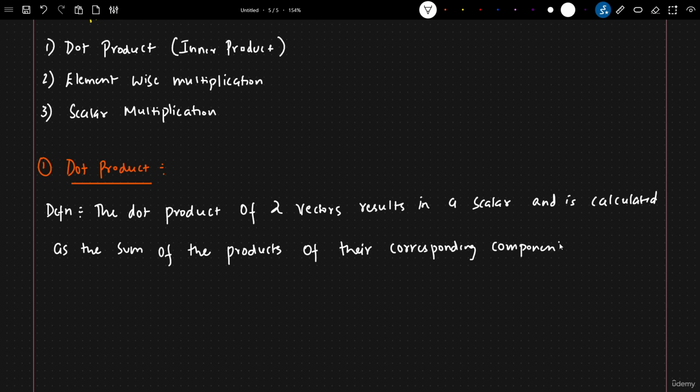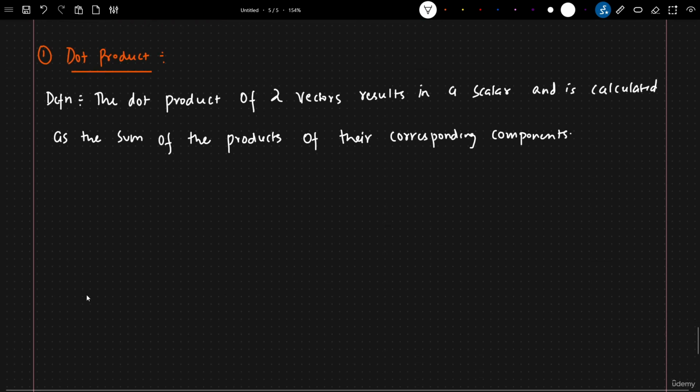Okay. So here I've just written the definition. The dot product of two vectors results in a scalar and is calculated as a sum of the products of the corresponding components.